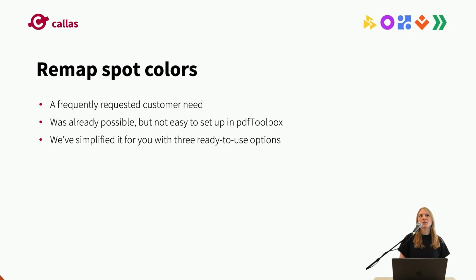You can do that with pdfToolbox, but to set that up in a more dynamic way is not that easy, and it also requires JavaScript. If you don't want to do that, you can be happy because we simplified that for you and created 3 ready-to-use options to remap spot colors.